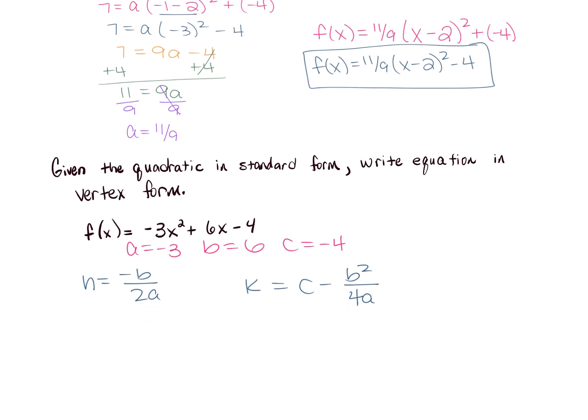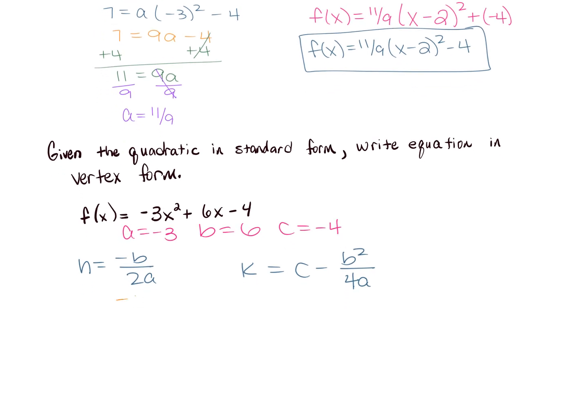If we work with h first, we're going to have -6 over 2 times -3, which is -6 over -6. That gives us an h of 1. If we work with finding k, that's going to give us -4 minus 6 squared over 4 times -3.